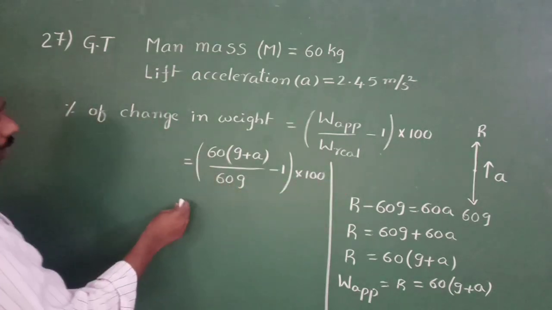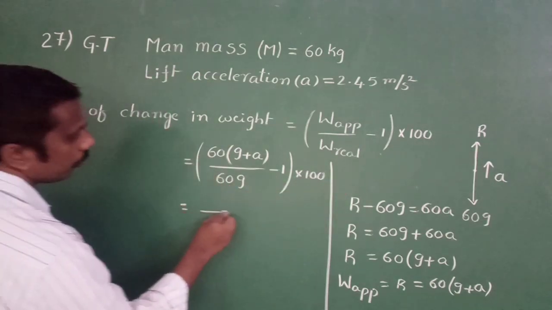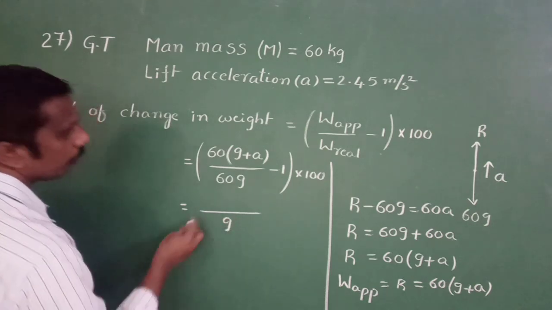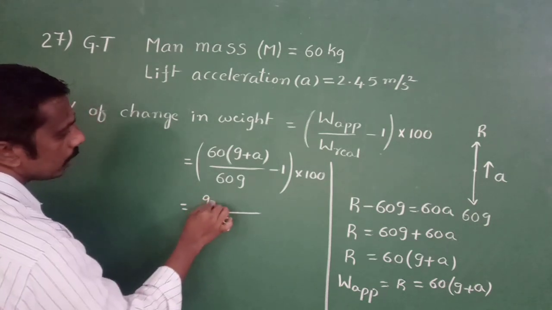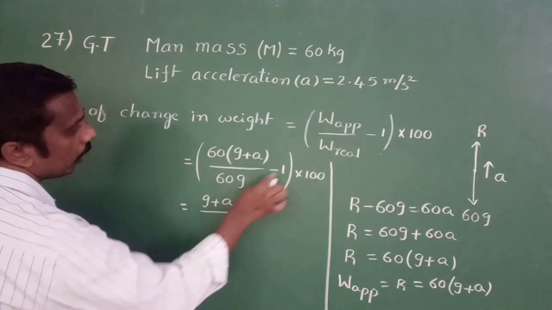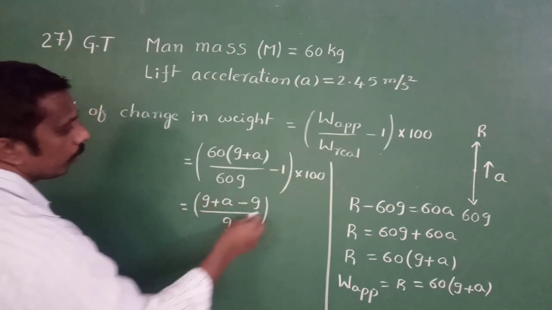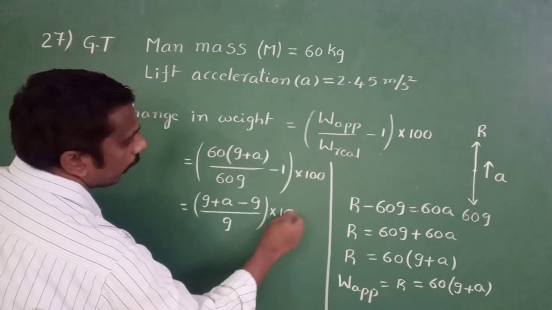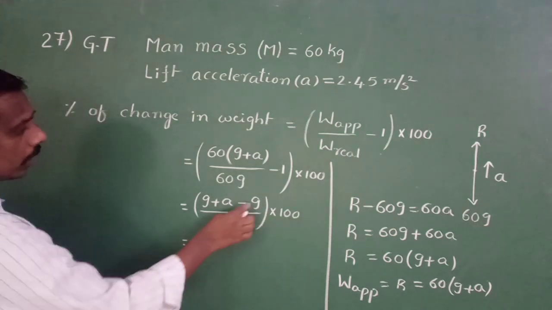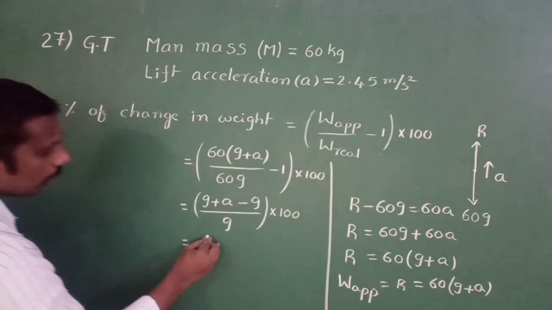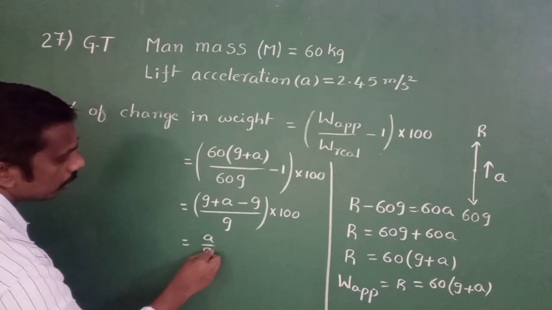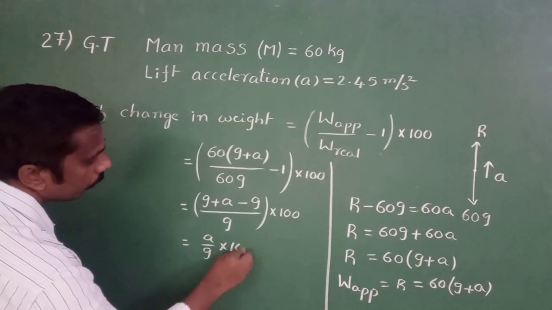Here 60 gets cancelled. Take LCM, g is the LCM: g plus a, here g will cancel. g into 1 is equal to minus g into 100 we can get. Minus g plus g gets cancelled. a by g into 100.